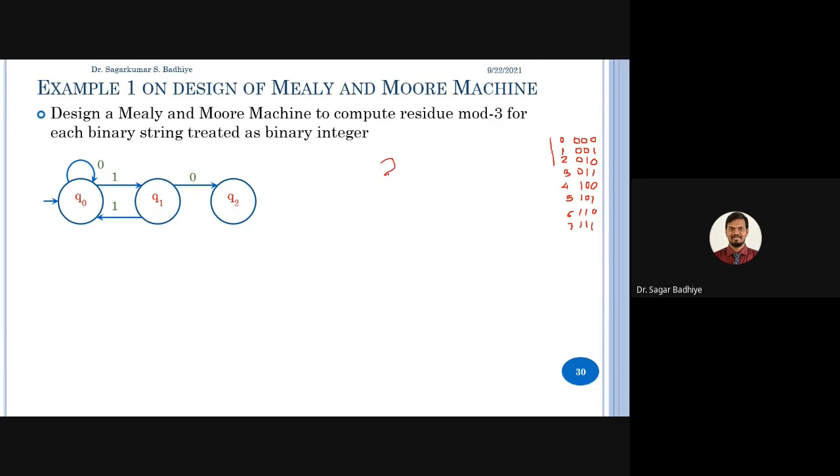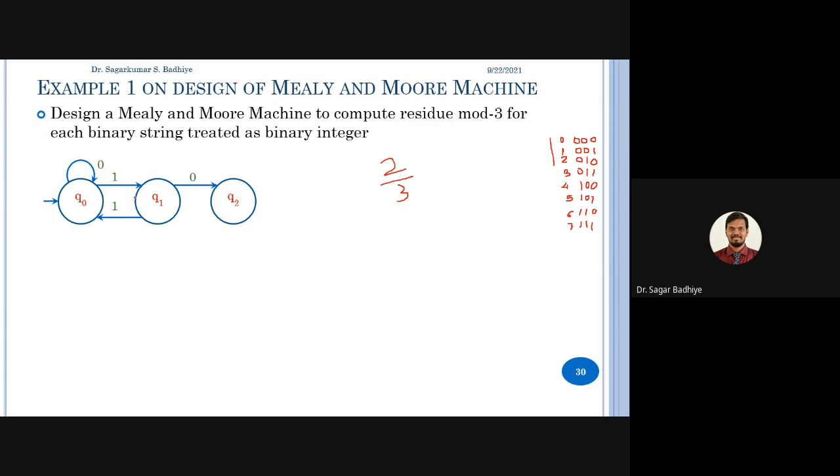So 2 divided by 3 will produce remainder 2. Okay, so we should go to a state that will produce a remainder 2. So we have transited to q2, right?